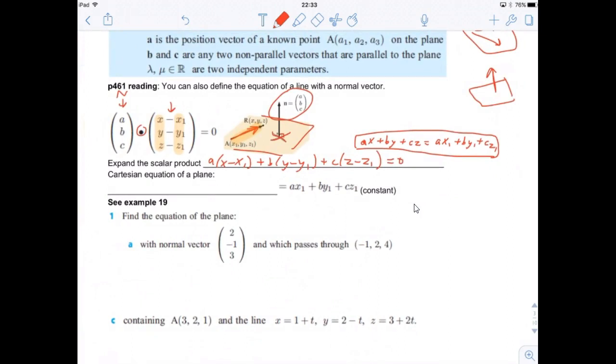So that's a cool equation too, right? I'm going to write it down here: ax plus by plus cz.